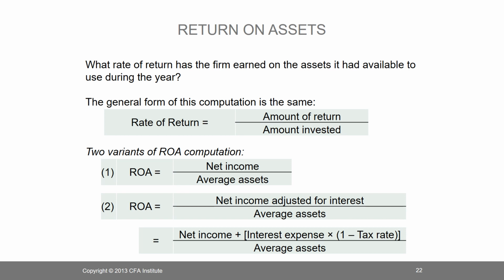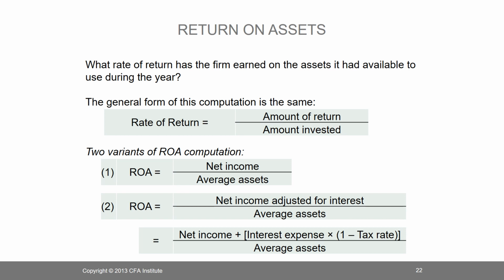Here, let us take a closer look at return on assets, or ROA. Return on assets measures the return earned by a company on its assets. So it basically tries to answer the question, what rate of return has the firm earned on the assets it had available to use during the year? The higher the ratio, the more income is generated by a given level of assets.